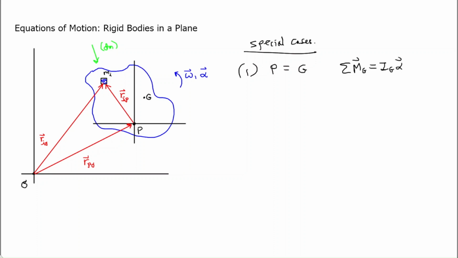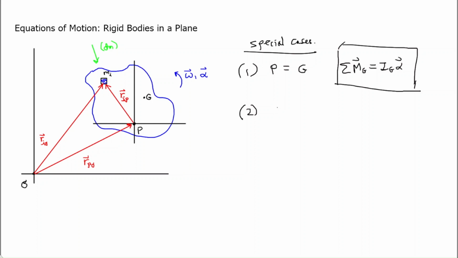It's the centroid measured from the centroid. Okay, so this might be the simplest version, and it's fully applicable. It's fully general. Although there are times it's just not convenient to calculate the sum of moments about the centroid. Okay. So that's why we have the other more general equation.